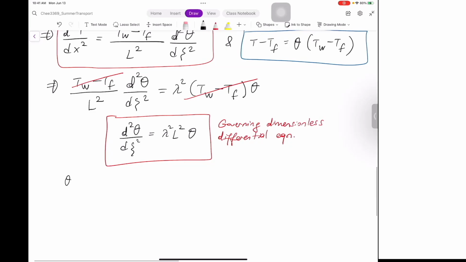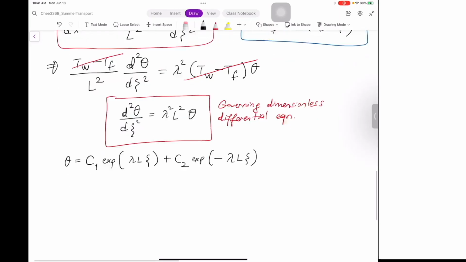You can write theta is equal to a combination of C1 exponential lambda L psi plus some constant C2 exponential minus lambda L psi, right?